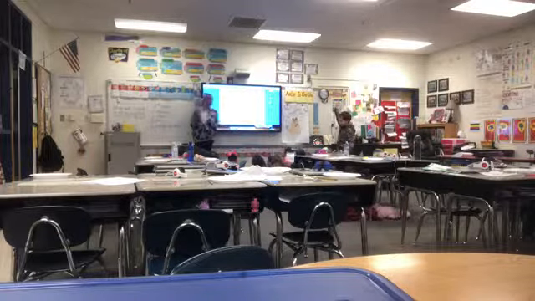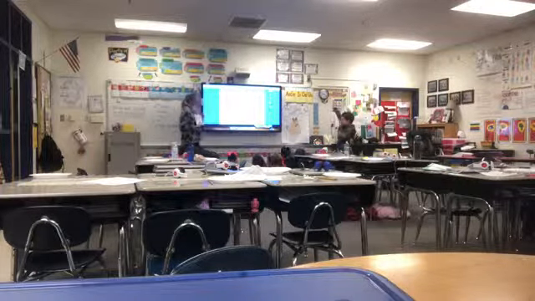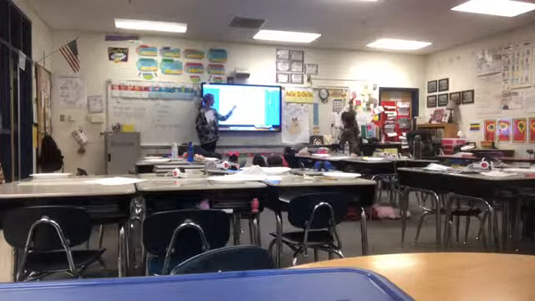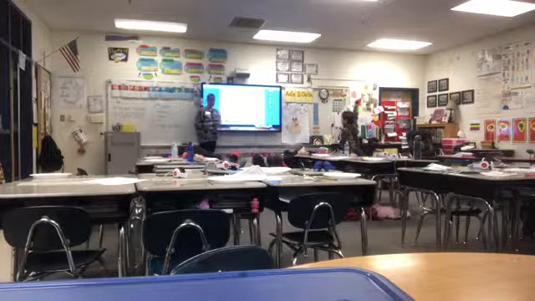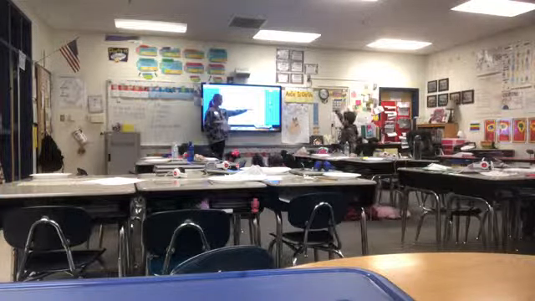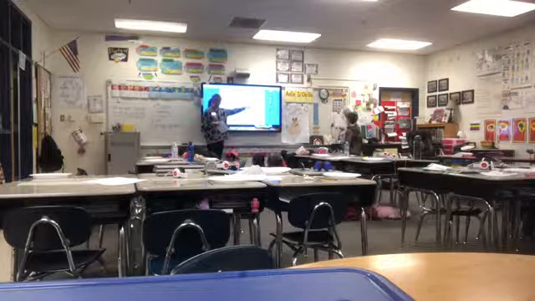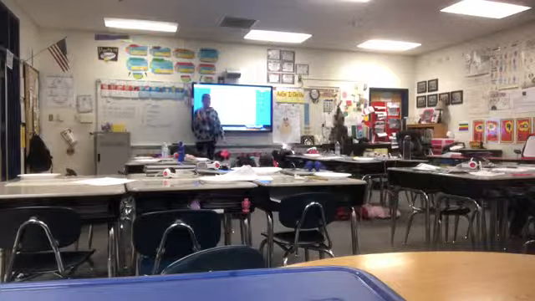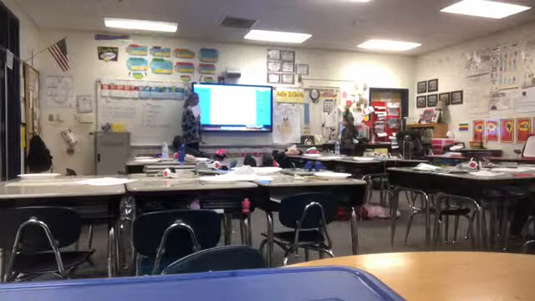Four congruent, which means equal sides. That's why we call this a rhombus, because all of the sides are the same length, just like a square. But a parallelogram is more like a what? Rectangle.